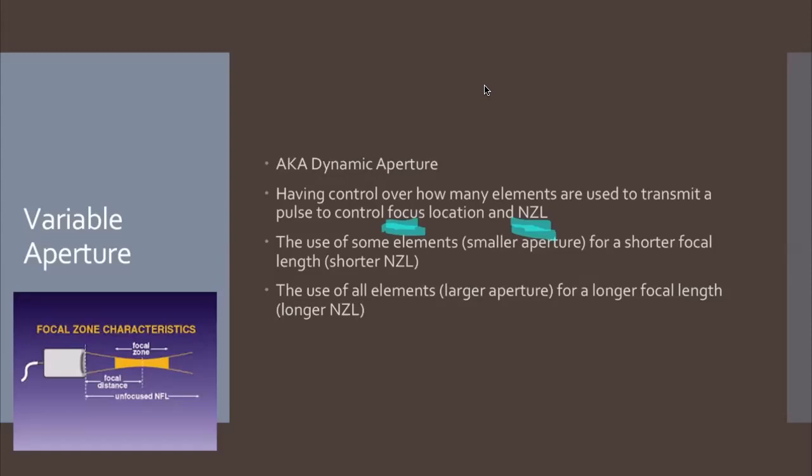They're going to come around with a transducer and say, hey, this transducer has variable aperture capabilities. And you're going to be like, what? What's variable aperture? Well, that just means you can change the focus. You can change the near zone length, because some or all of the PZTs are being used to generate each pulse.